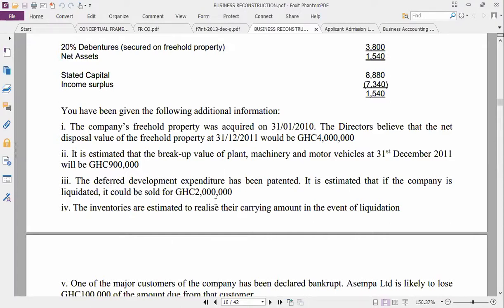Any of our assets which is too old, we have to sell them off. So this expenditure has been patented, so it must be disposed of for 2 million. So you are going to sell the deferred development expenditure for 2 million. So that one we will receive money, right? When we sell it. But the condition is that they say if it's liquidated, but it's under reorganization. Yes, but we are selecting the patented section.